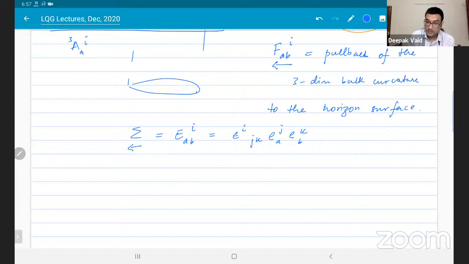So it turns out that these isolated horizons can be shown to satisfy a certain boundary condition, and that boundary condition is as follows. Let me again be a little bit careful, not write anything.